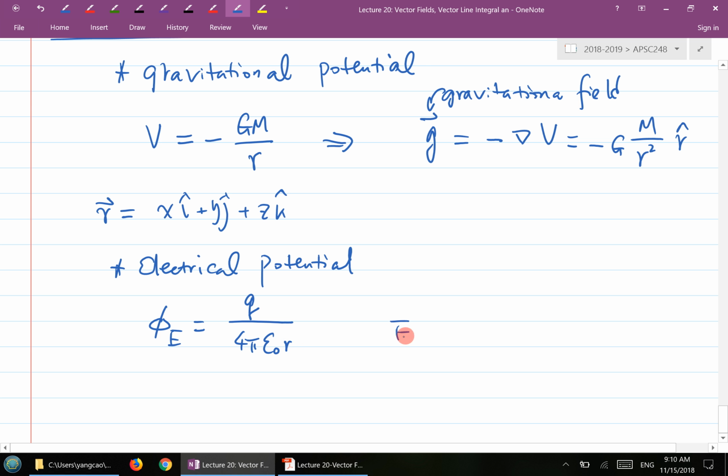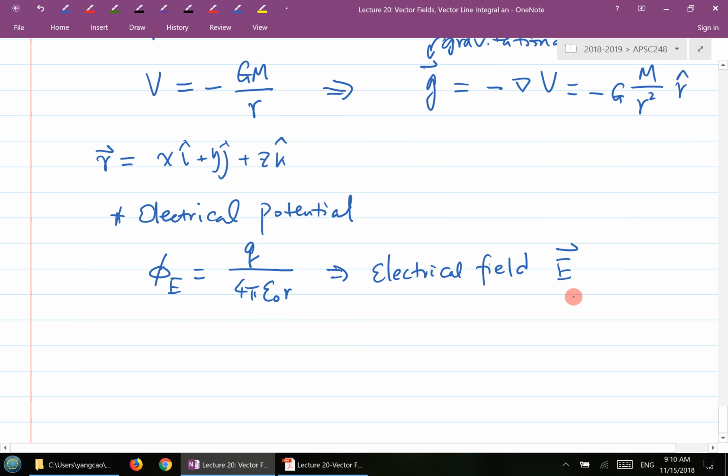Then you can calculate the electric field E, where E equals negative gradient of the potential function phi. That gives you Q over 4 pi epsilon times 1 over R squared times R hat.